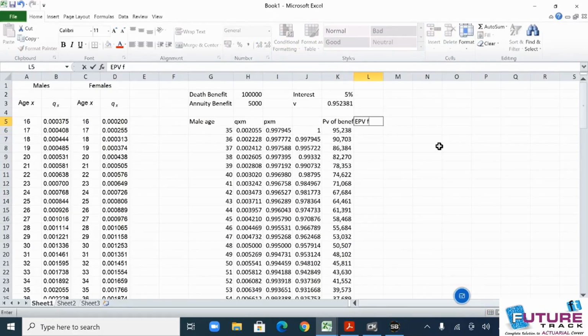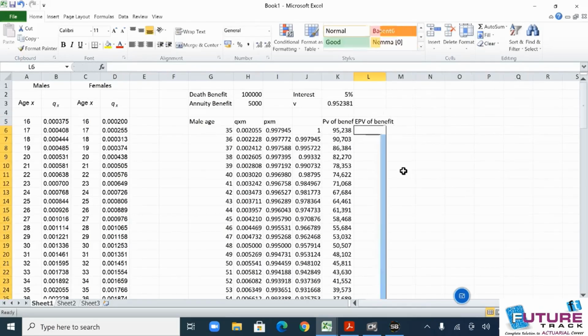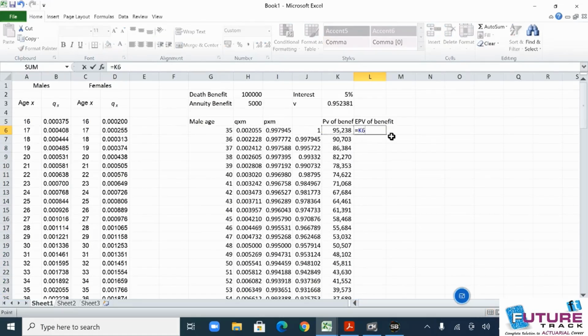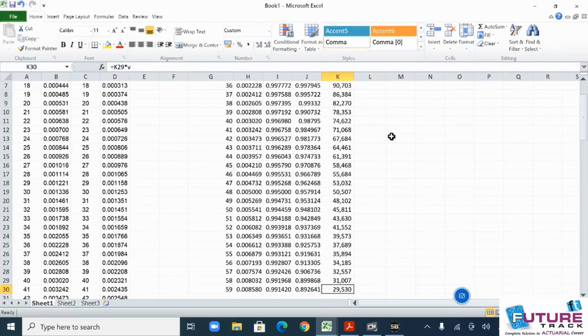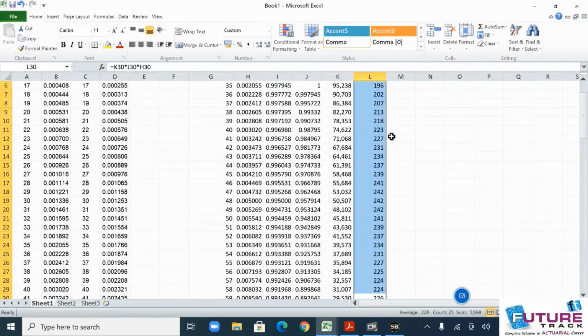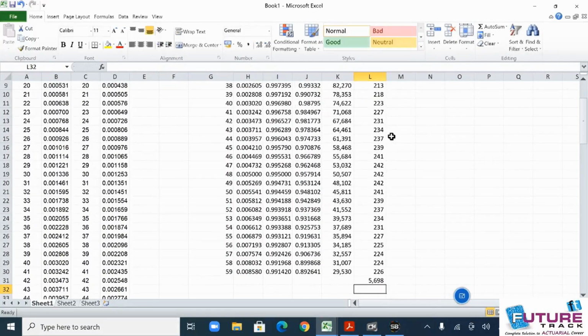Then the EPV of benefit. So class, how to find the EPV of benefit? Present value of benefit into the probability of survival into the probability of death, right? Now control down and alt up, control down, alt equal to. So class, this is your answer: 5698 is your EPV of term assurance.